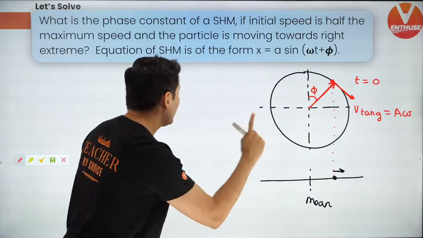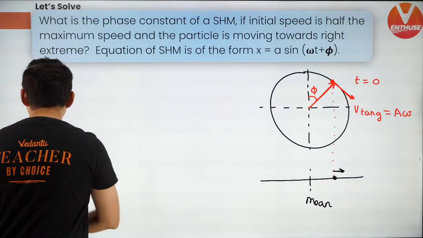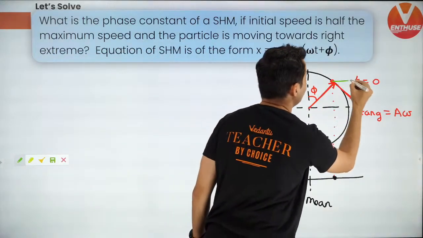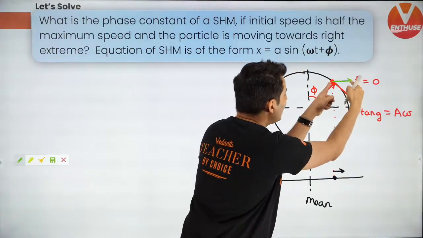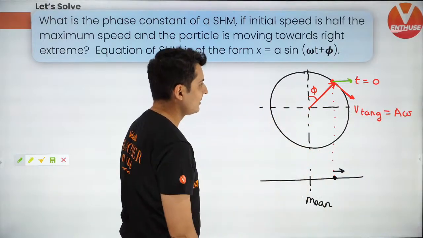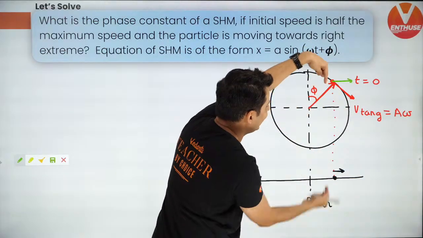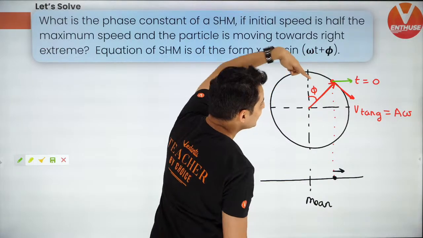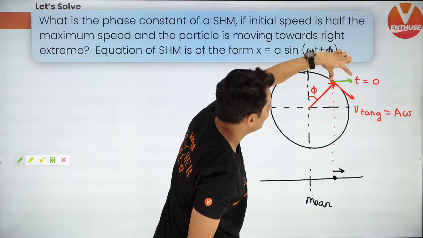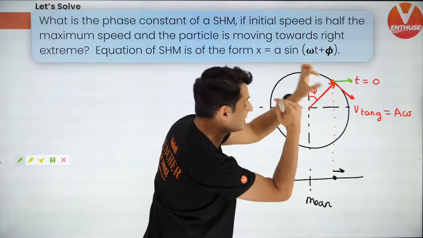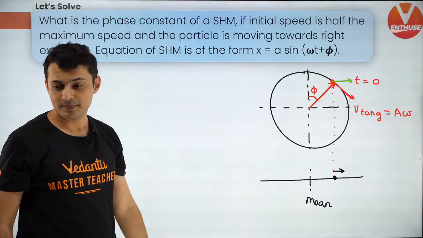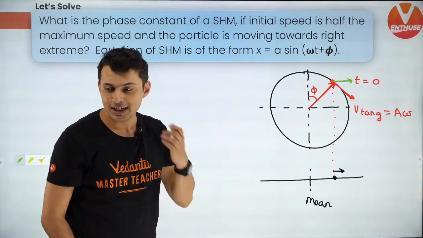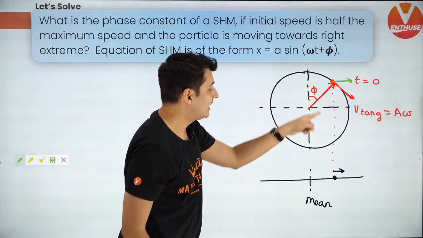Now think about it. The horizontal component, this component, will be exactly equal to the SHM's velocity at that instant, because this is the projection, right? This will be exactly that velocity at that instant.